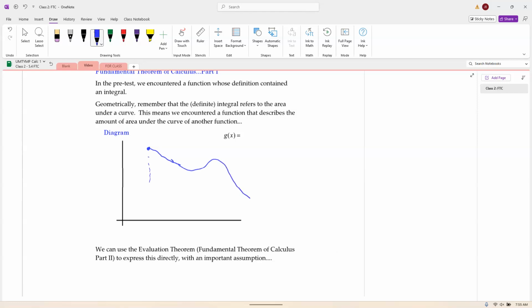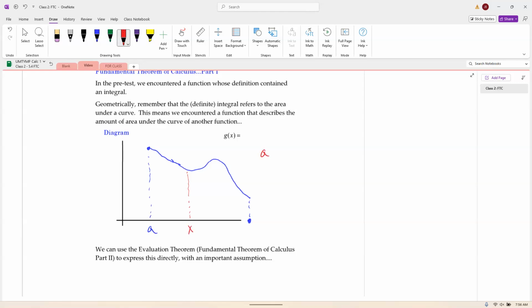It goes down, up, and down like this, right? And we know that this is a fixed endpoint, a, and maybe b is an endpoint over here. But what we're interested in is how the area changes from a to a place x in the function.